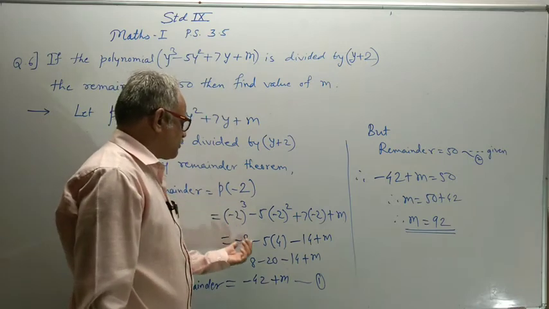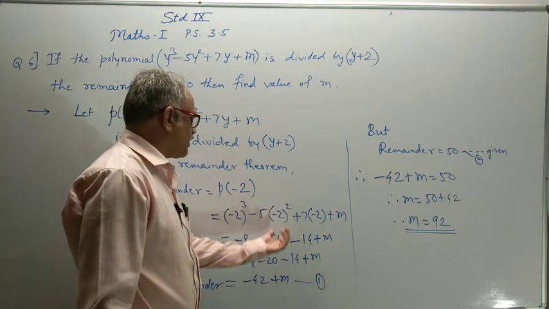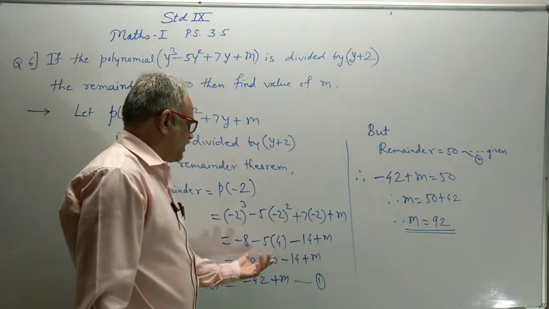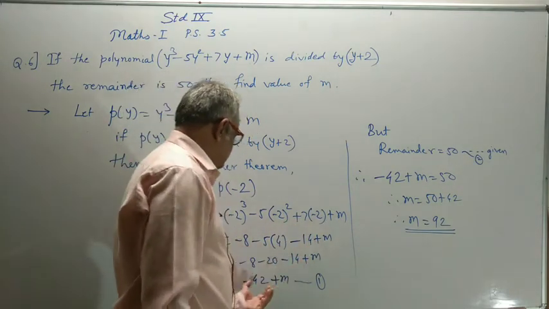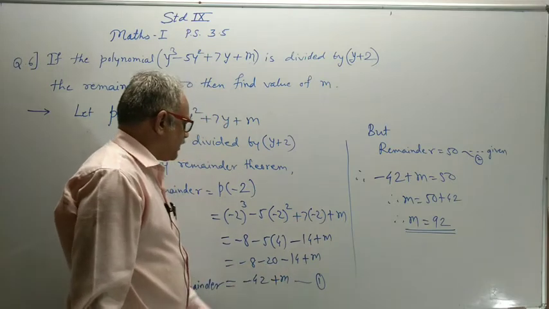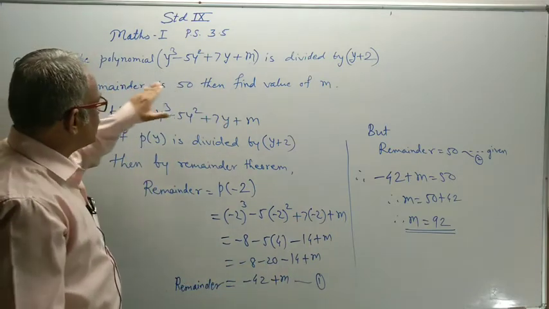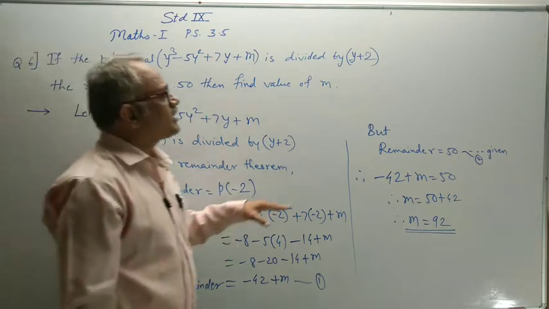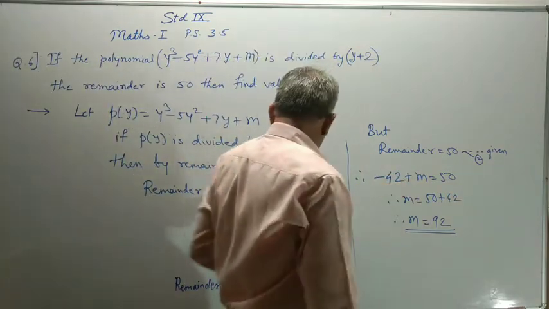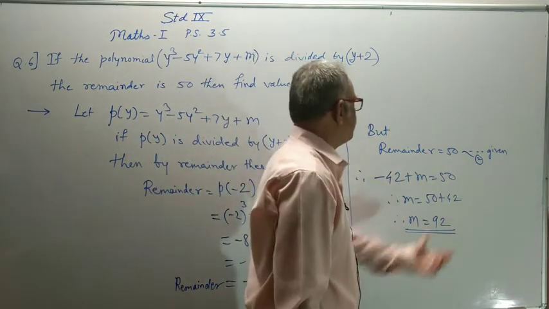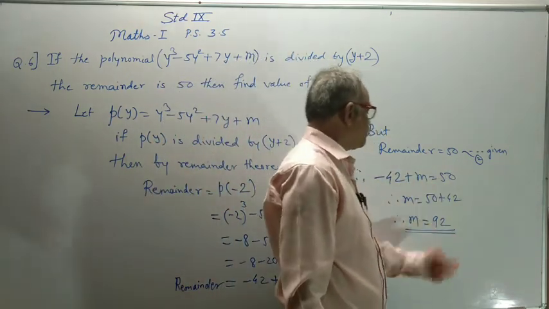Then minus 2 cube is minus 8, minus 5 into minus 2 square is minus 20, 7 into minus 2 is minus 14; minus 8 minus 20 minus 14 is minus 42 plus m by the remainder theorem. But the remainder is given as 50. The remainder obtained by the remainder theorem and the one given by them must be the same. So m is 92.